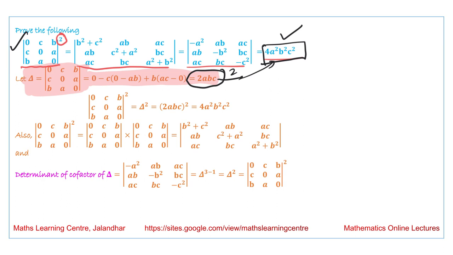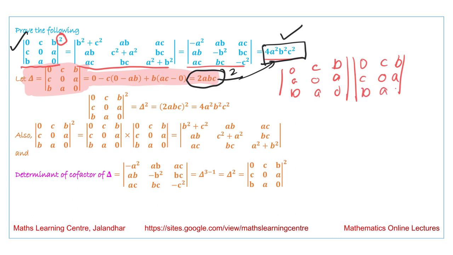Next, coming to the second step, this is squared over here, so we write it as the matrix 0 c b, c 0 a, b a 0. We multiply this determinant with 0 c b, c 0 a, b a 0. When we multiply these, the first row is multiplied with the first row.